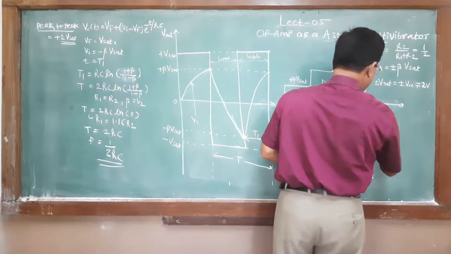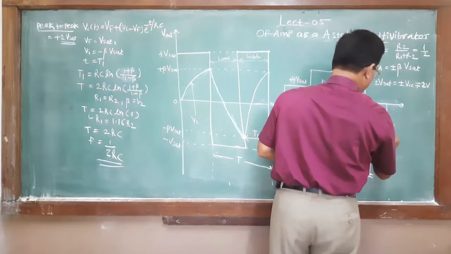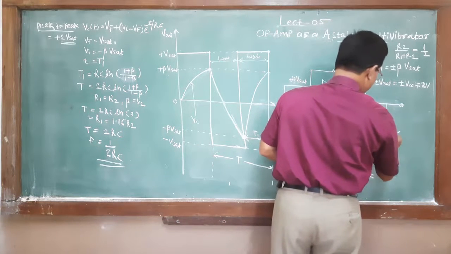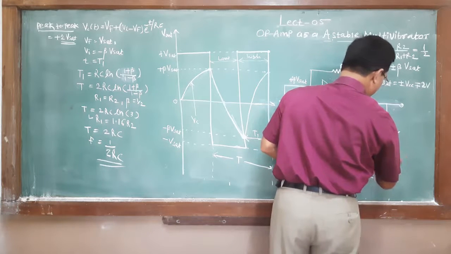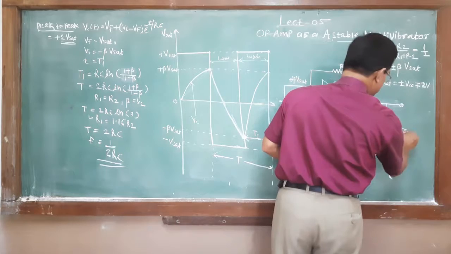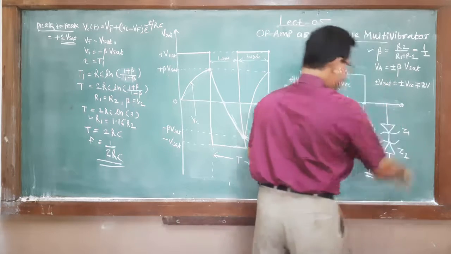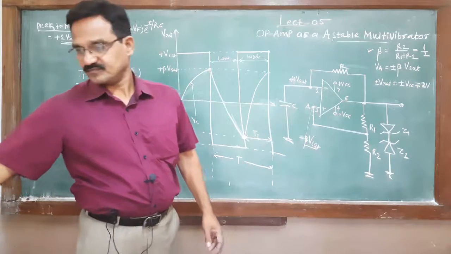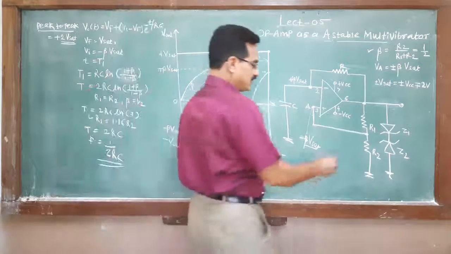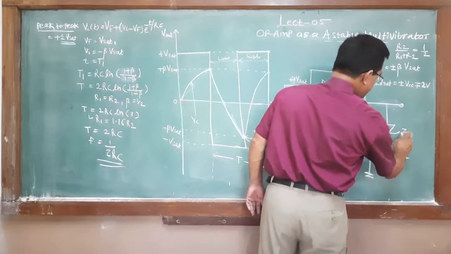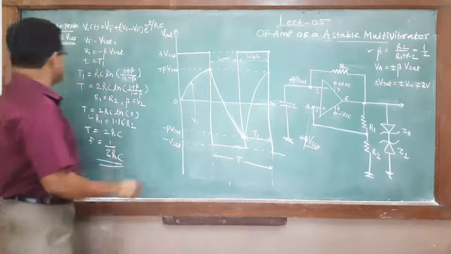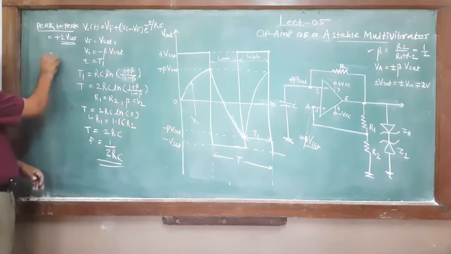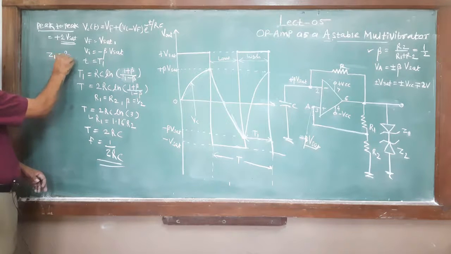Suppose two Zener diodes are connected in this manner, say Z1 and Z2, and suppose both Zener diodes are equal, that is Z1 equal to Z2.